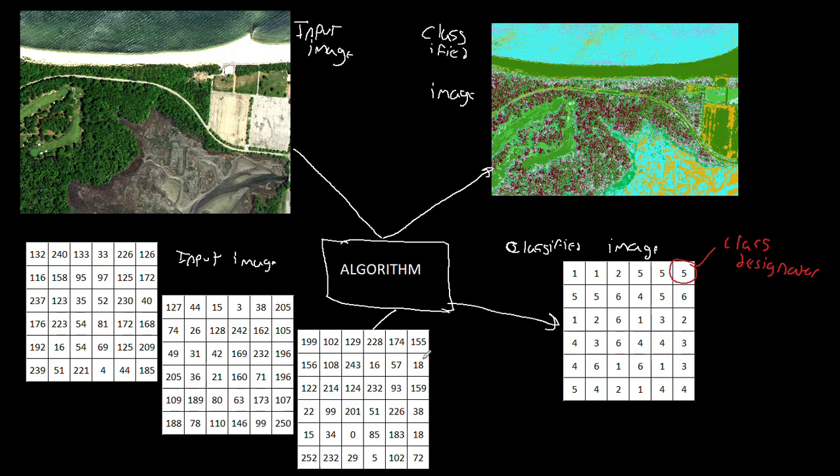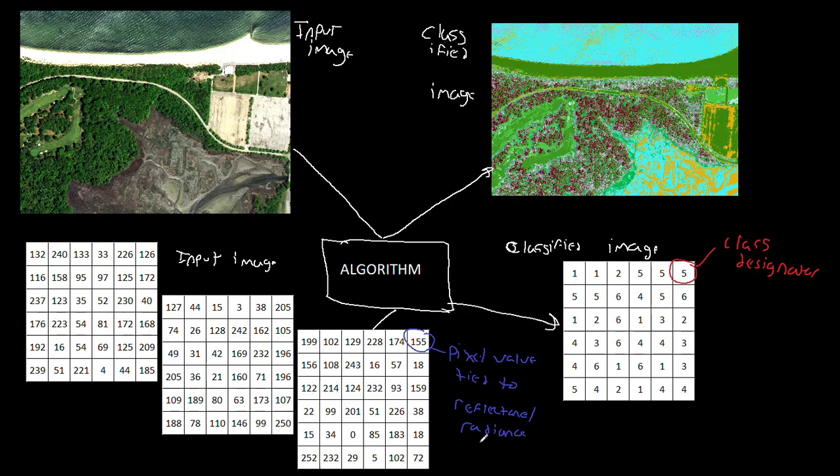This is a pixel value. In the input image, this right here is a pixel value tied to reflectance or radiance.